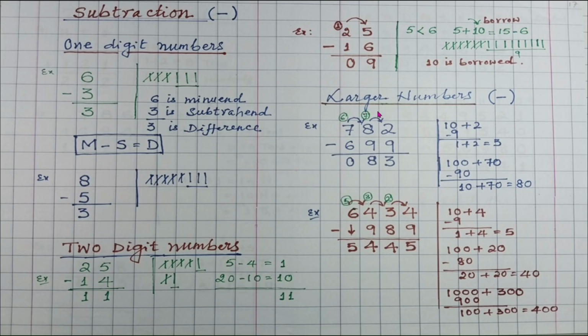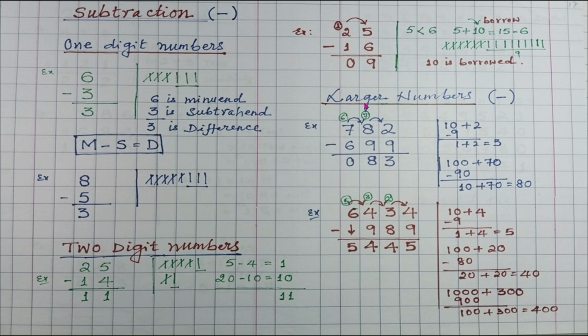Let us take a slightly bigger number. Let us say we want to subtract 699 from 782. Now 9 cannot be subtracted from 2, therefore I have to borrow 10. When I borrow 10, it becomes 10 plus 2, that is 12. Therefore 12 minus 9 is 3. Now since I have borrowed 10 from here, 8 becomes 7.